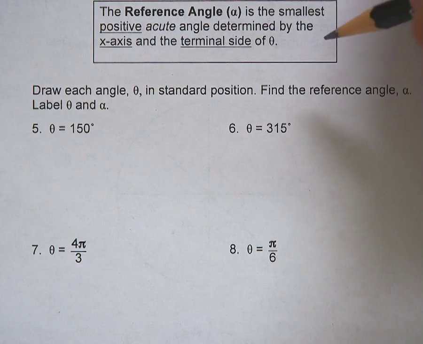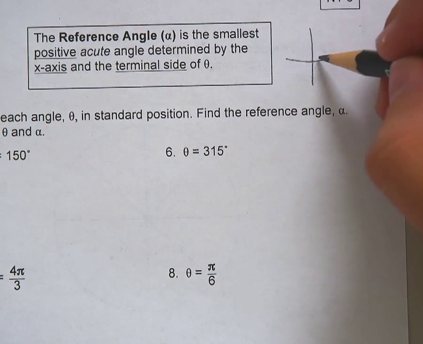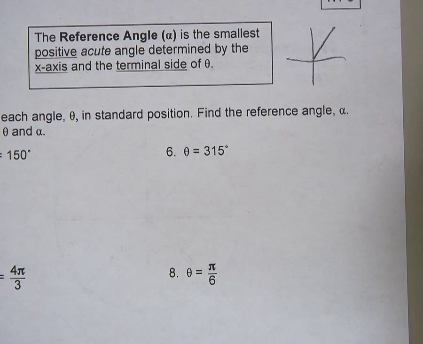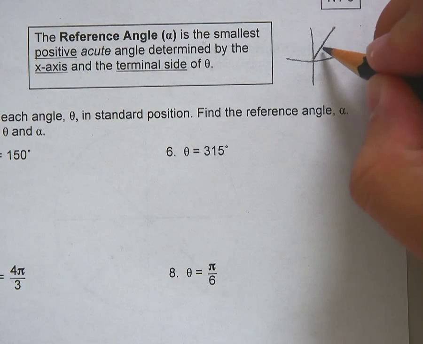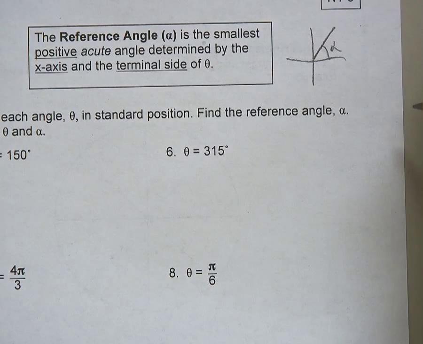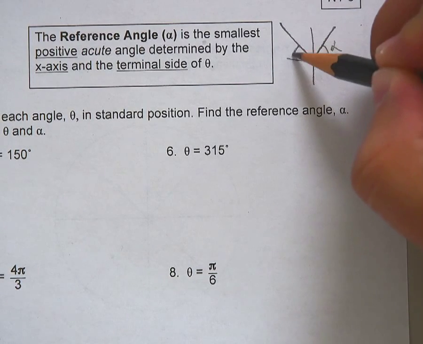What that means is that if I give you some random angle, like, oh, let's say this, the reference angle is the distance between there and the x-axis. So this is the reference angle here. If I give you something over here, this is the reference angle.